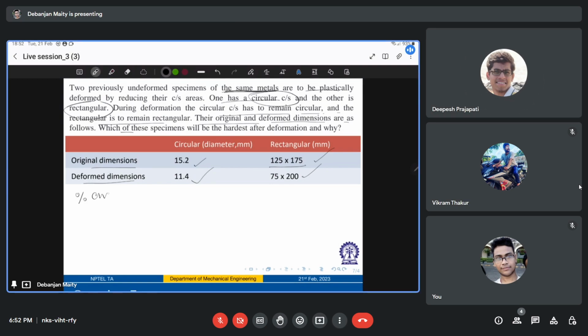So basically, you can find out this percentage of reduction in area. So original minus the deformed, that divided by the original. Correct? So the one which will have the higher percentage, that will be harder, right?